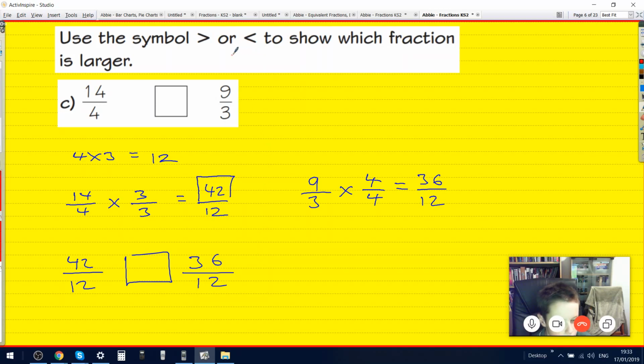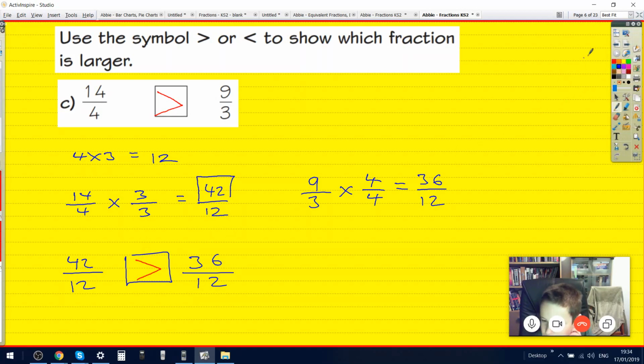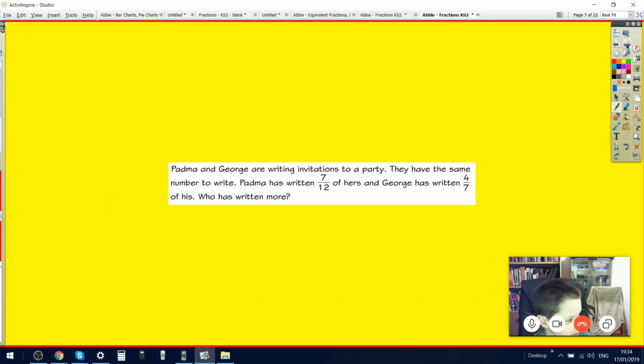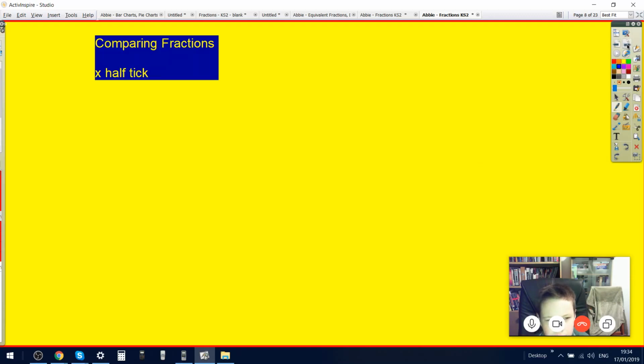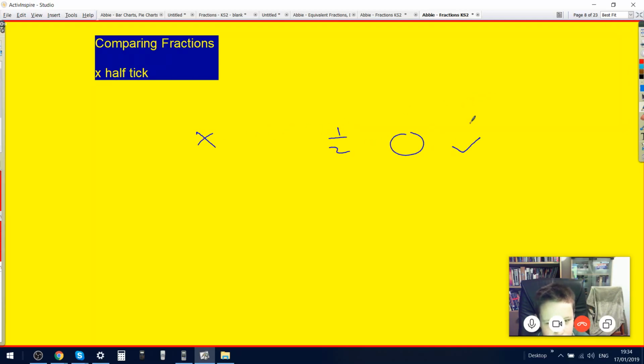And so which symbol do you use? You would use the symbol that has its mouth pointing to the left. Yes, that's it. Any questions there? No. So you got that one all by yourself. I'll leave that. So that's comparing fractions.